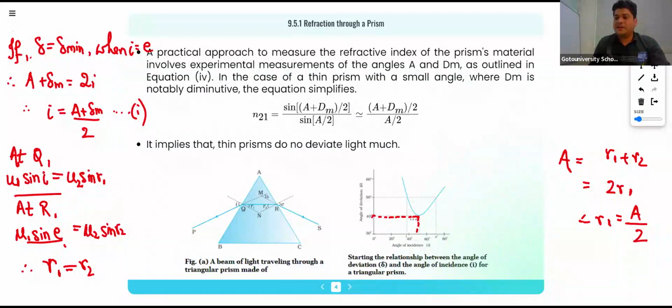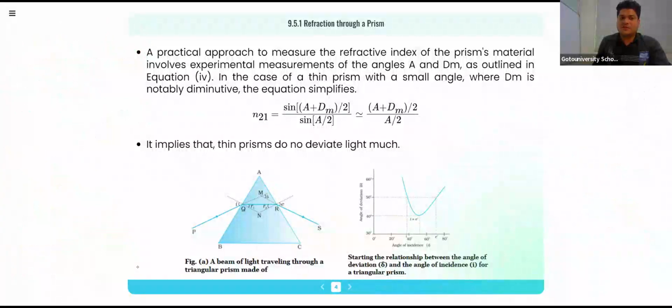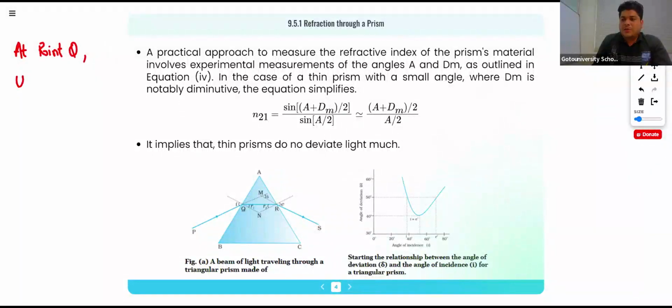If you want to find the refractive index, you will again go to this equation and write at point Q: your mu1 sin (A plus delta M) upon 2 will be equal to mu2 sin A upon 2.